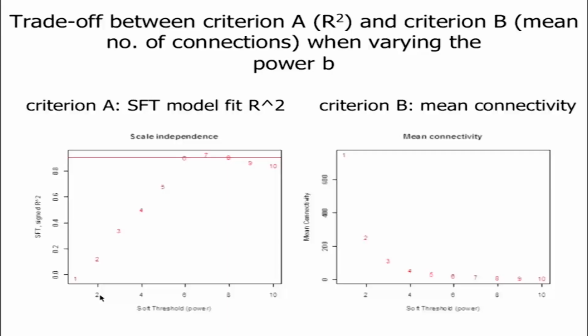If the reverse situation happens, if I don't find a low power that gives me scale-free topology, I start to become nervous. I say there may be something wrong with the data. There could be artifacts. If you have severe technical problems, severe batch effects, you don't get scale-free topology. But there could also be a biologic reason why you don't get scale-free topology.